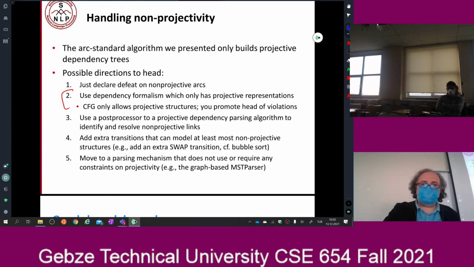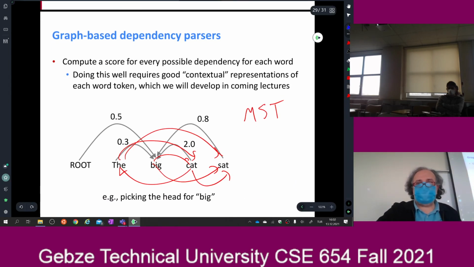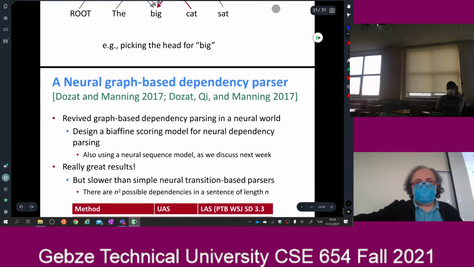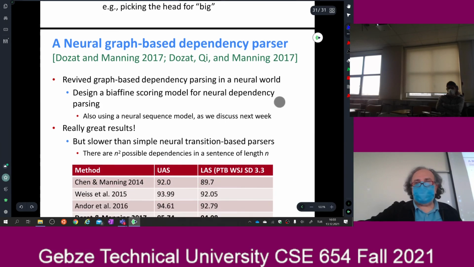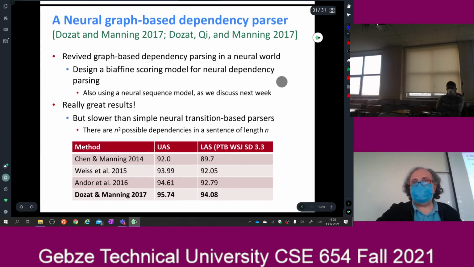So projectivity doesn't mean anything for that one. Maximal spanning tree, graph-based dependency parser. I guess that marks all the things that I like to say about dependency grammars.